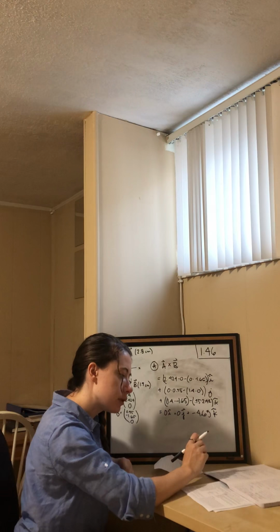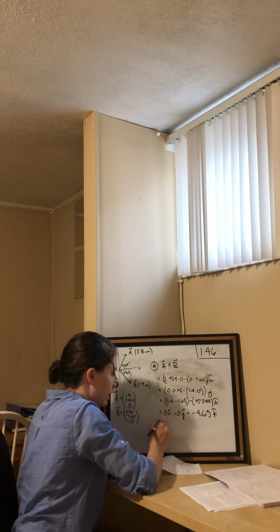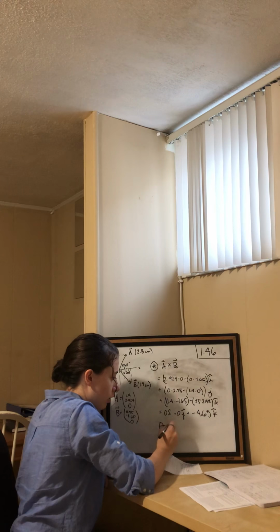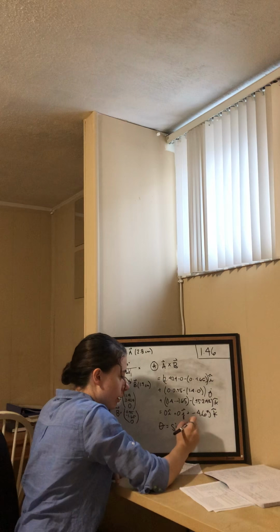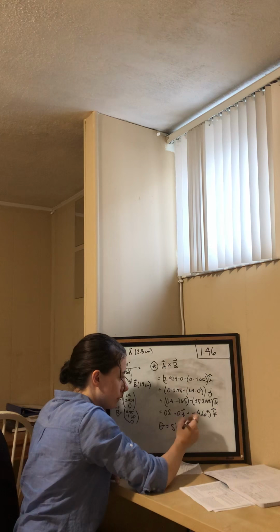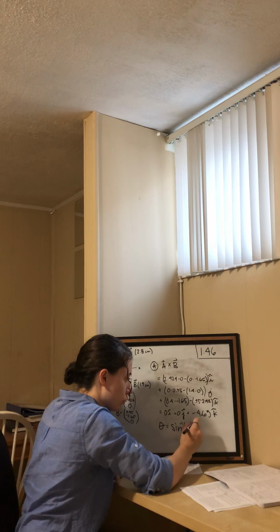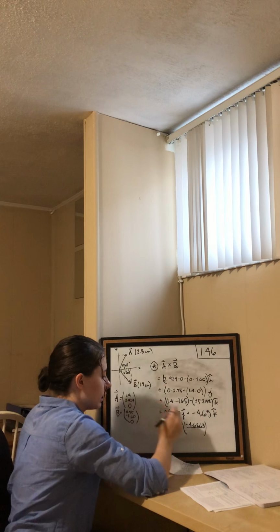It also says to find the direction. In order to find the direction, that will be our theta. We'll take the inverse sine of our k hat over the vector magnitudes of each of those multiplied.